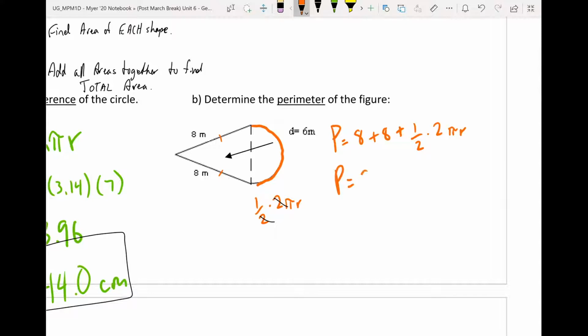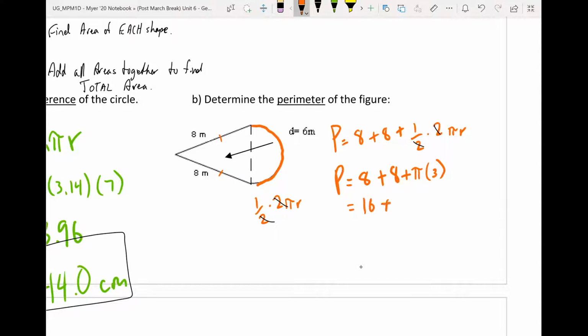All right, so we're going to keep the 8's out front, because we know what those are. Or you can combine them to just make 16. In any case here, yeah, these will cancel. And we have pi times, and we're given a diameter of 6, so our radius is going to be 3.